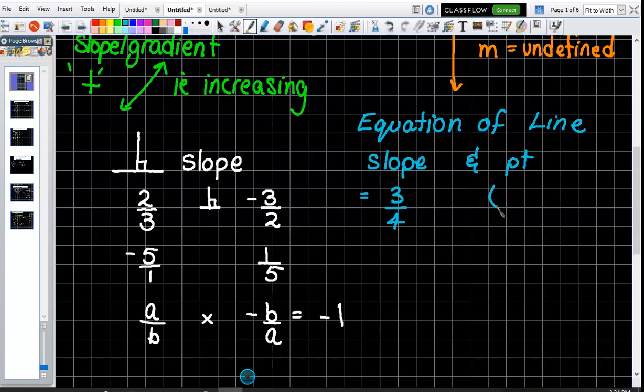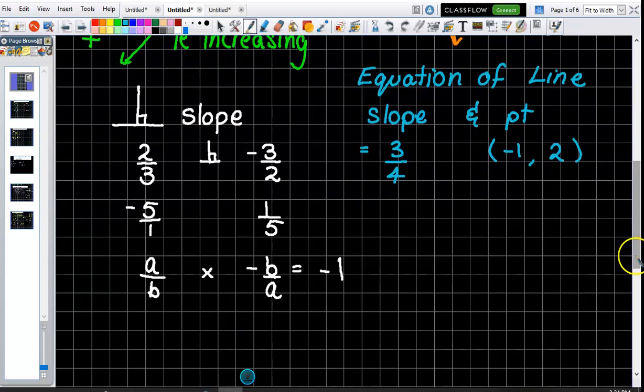Give me a number that doesn't use 3 and 4, but they're small. Right, let's go minus 1 and 2. Okay, so this is what we do. We use the slope formula, which is m equals change in y over change in x.